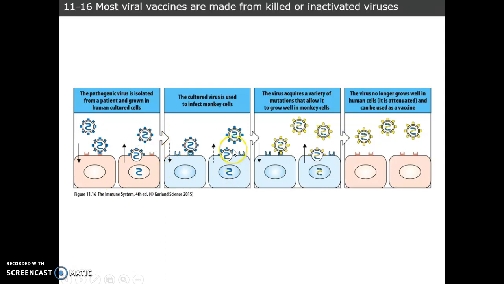Over here would be a second passage, a third passage, even though this could be like 300 times. All right, now you put it back in the human cultured cells here, and the virion doesn't infect. All right, but it's still similar to the blue guy, sort of. It doesn't look that way from this picture, but it is. And so now this can be injected into a person for the purposes of vaccination and not cause disease.